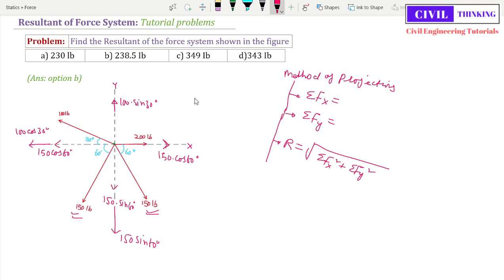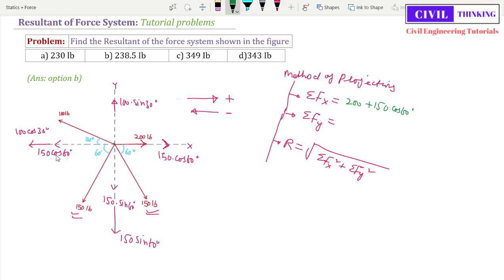So let us assume the forces towards right are positive, and forces towards left are negative. Now let us find the summation of forces along the x direction. 150 cos 60 degrees and 200 pound are both towards right, so they are both positive, so I will write 200 plus 150 cos 60 degrees.